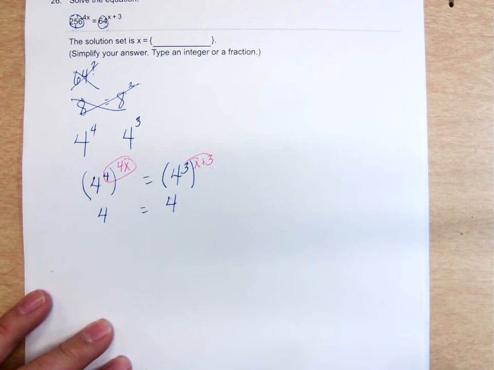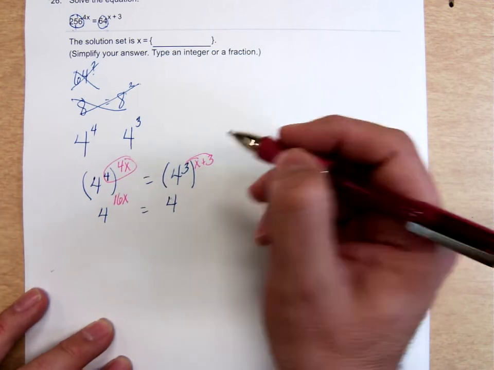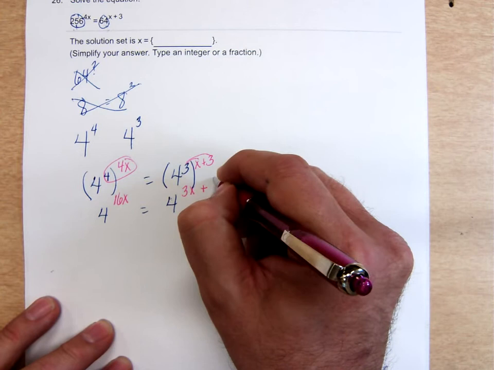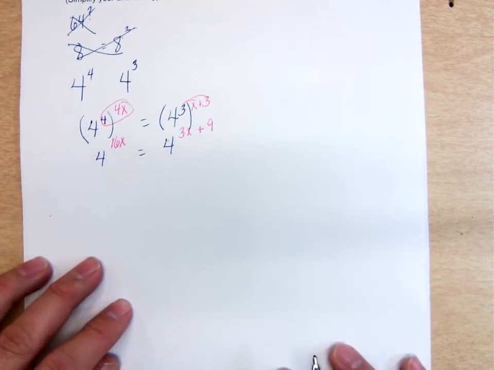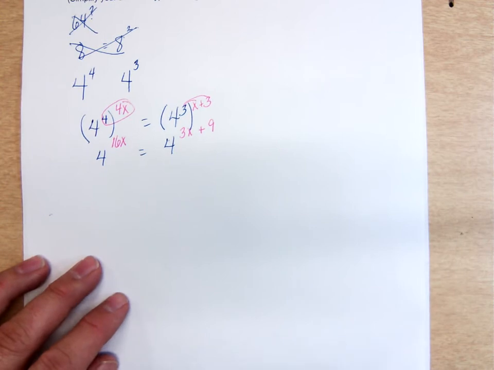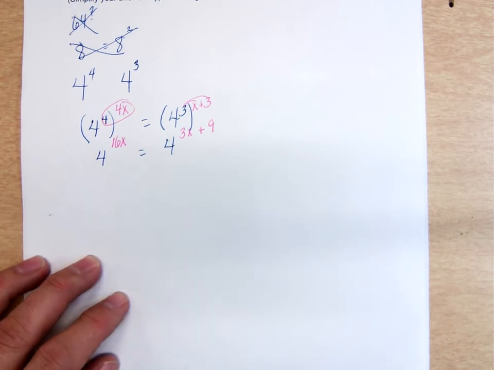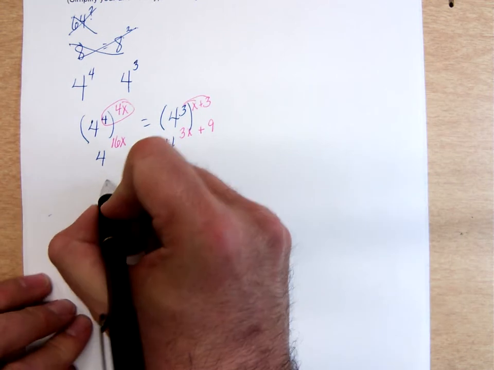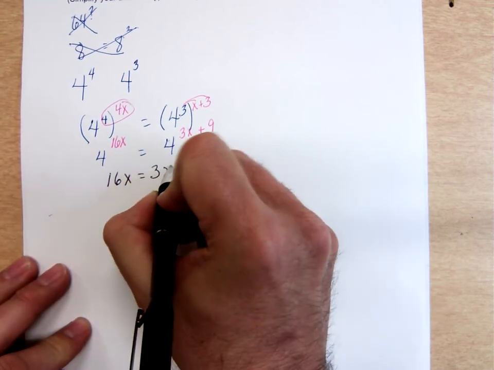I'll have a 16x up here, and a 3x plus 9. Now if the bases are the same, the exponents have to be the same. So I'm just going to set that 16x equal to 3x plus 9.